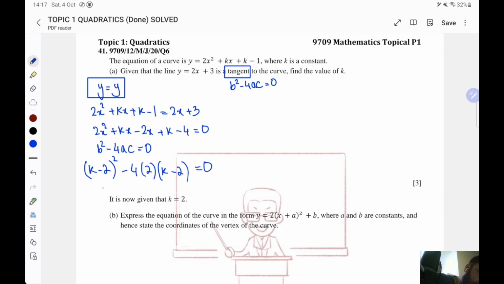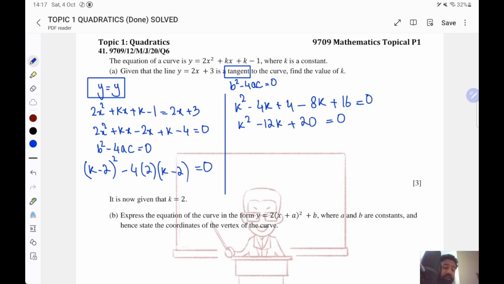So if we expand it, k minus 2 whole square will be k square minus 4k plus 4 minus 8k plus 32, and it will be equal to 0. So k square minus 12k plus 36, and it will be equal to 0.